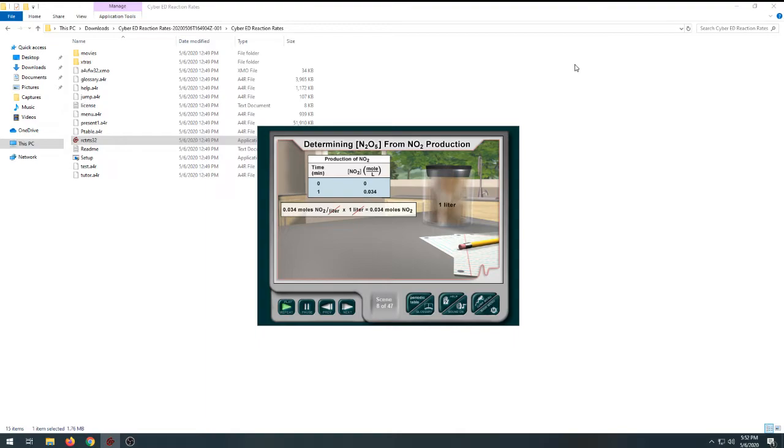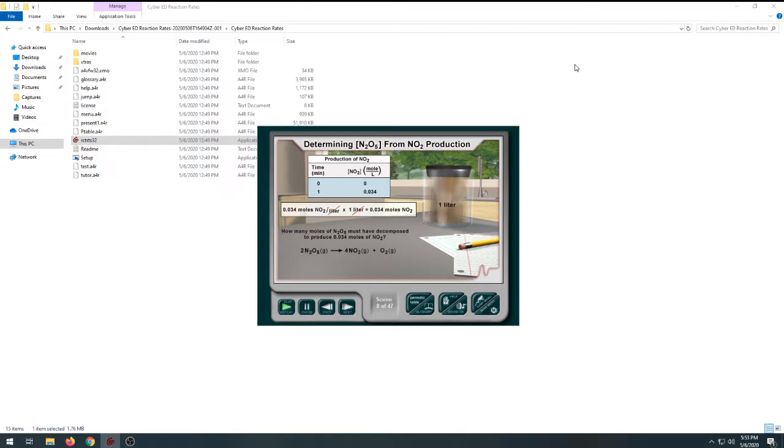The experimental data that you have are for nitrogen dioxide, but the compound under investigation is dinitrogen pentoxide. How many moles of dinitrogen pentoxide must have decomposed to produce 0.034 moles of nitrogen dioxide?